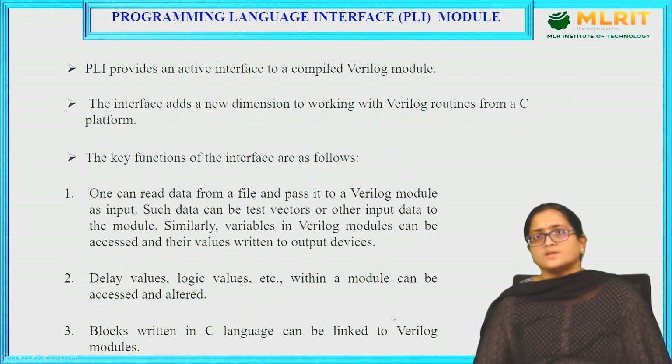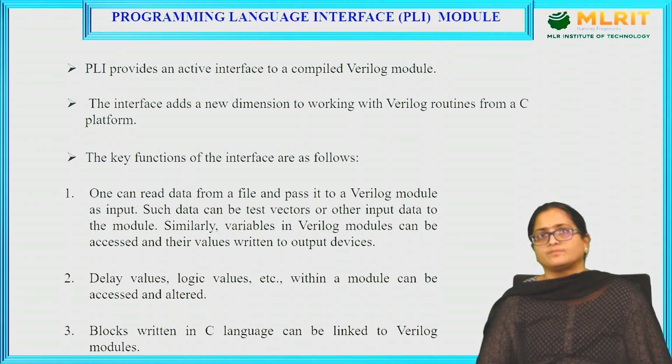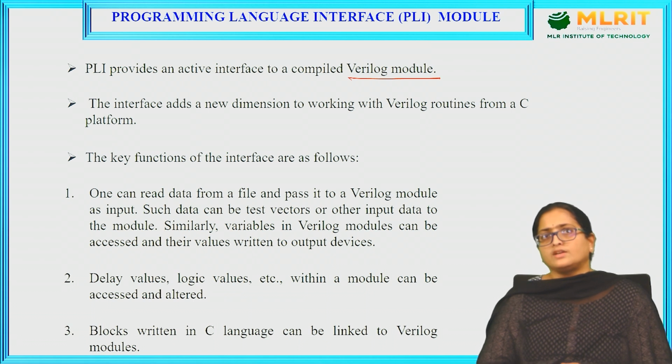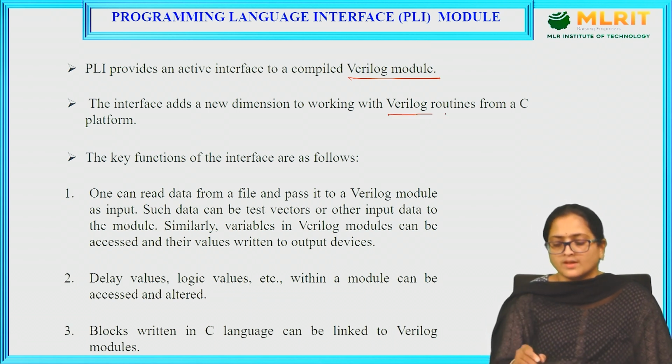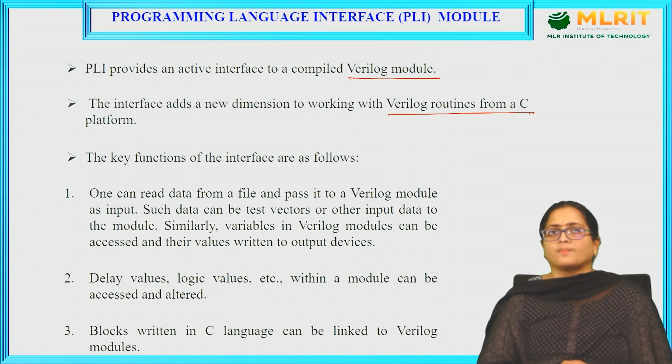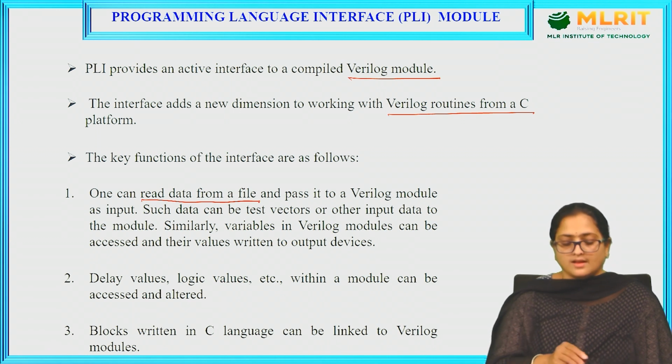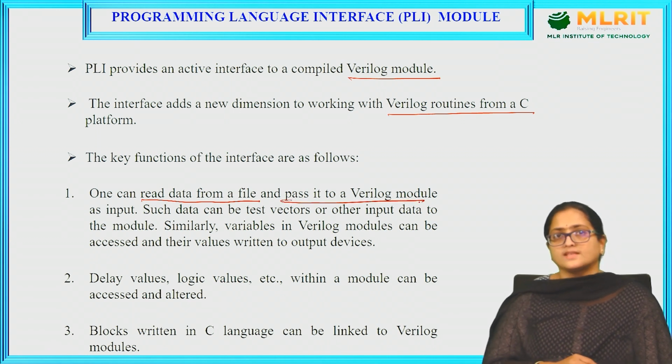The next one is PLI, that is, Programming Language Interface modules. PLI provides an active interface to compiled Verilog modules. The interface adds a new dimension to working with Verilog from the C platform. The key functions of the interface are as follows. One can read data from a file and pass it to a Verilog module as an input.